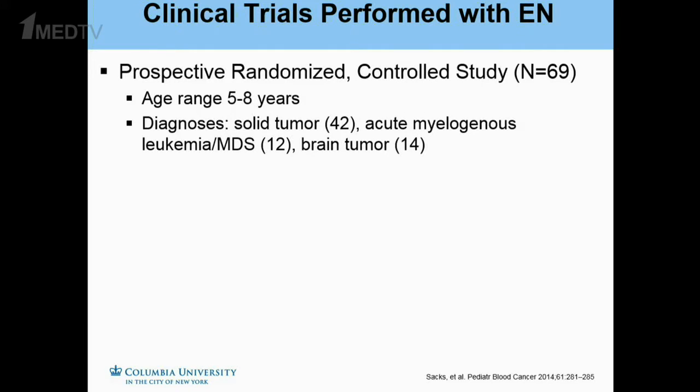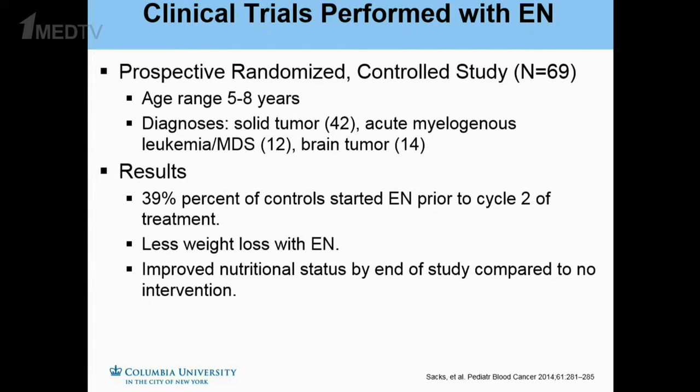There also have been trials that have looked at the effect on preserving nutritional status during therapy. This study was conducted again in patients with a variety of tumors, but with expected weight loss. And what they wanted to look at was, can proactive enteral nutrition prevent the weight loss? What they found was there was less weight loss in the enteral nutrition group, and improved nutritional status by the end of the study in the group that received intervention compared to no intervention.